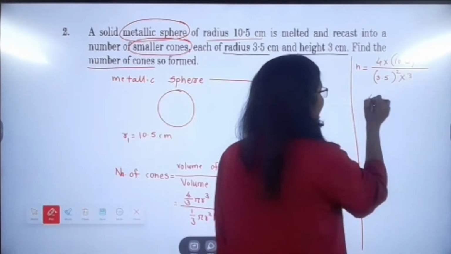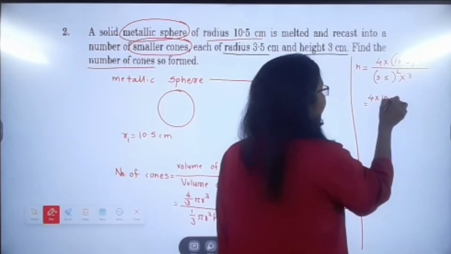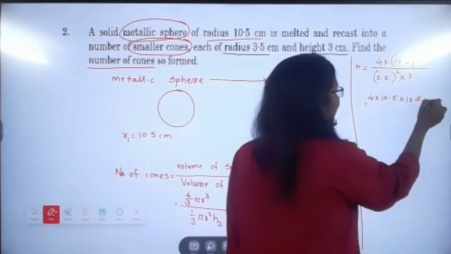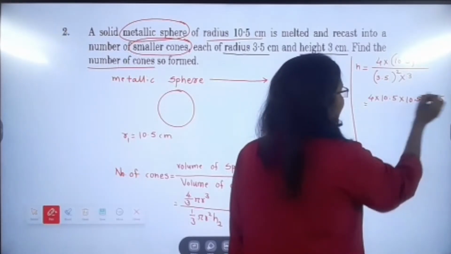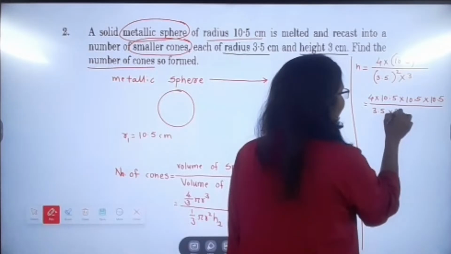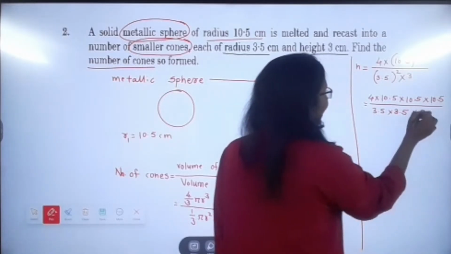So here students, 4 multiply 10.5 multiply 10.5 multiply 10.5, over 3 times r2, that is 3.5 multiply 3.5 multiply 3.